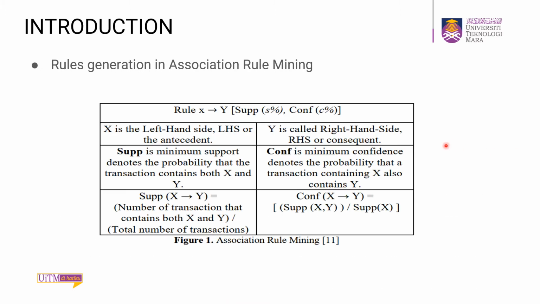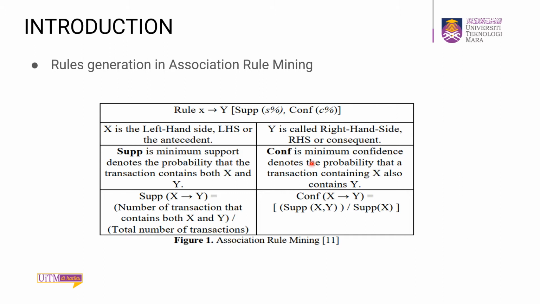So what are support and confidence? Minimum support denotes the probability that a transaction contains both X and Y. We use support in creating the FP tree, so we consider the item set, or the attribute, in the FP tree when it achieves the minimum support value.